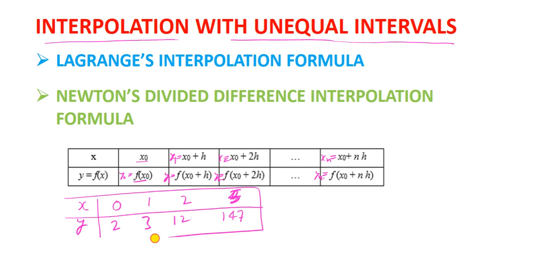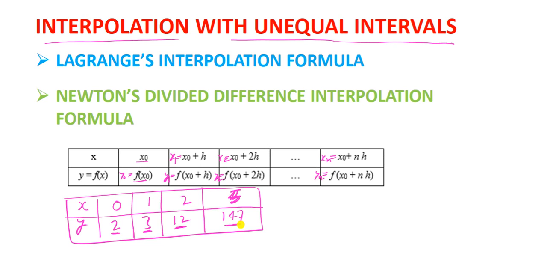So here x0 is equal to 0, x1 is equal to 1, x2 is equal to 2 and x3 is equal to 5. Corresponding y values: y0 is equal to 2, y1 is equal to 3, y2 is equal to 12 and y3 is equal to 147.